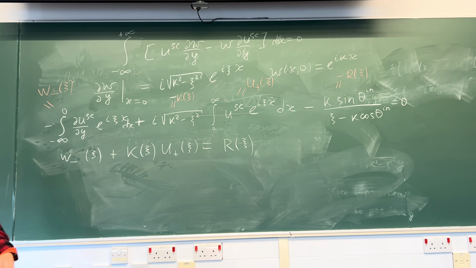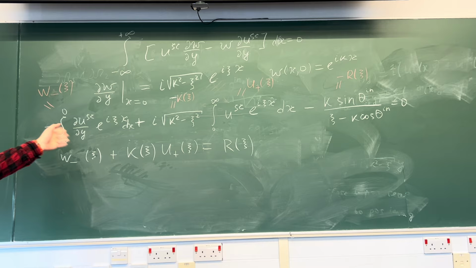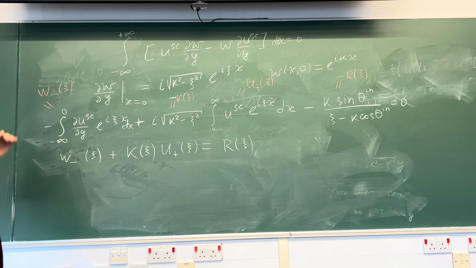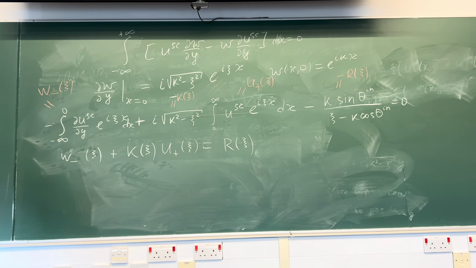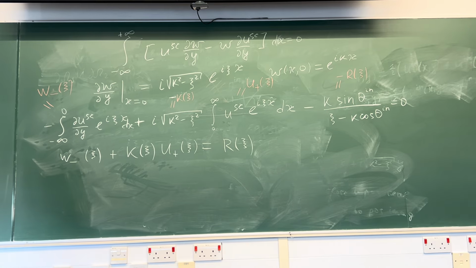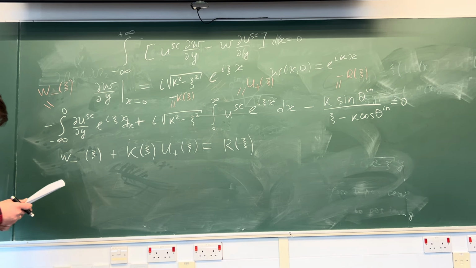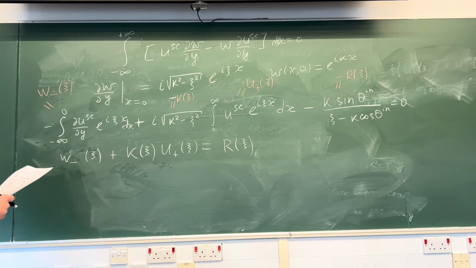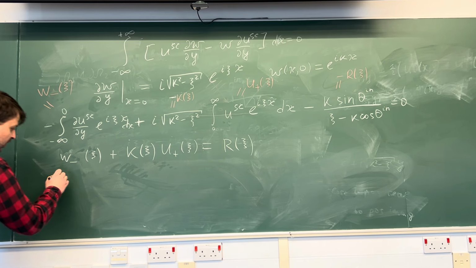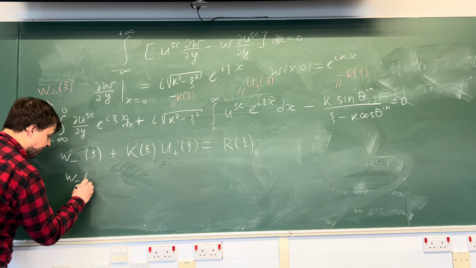But since these are one-sided Fourier transforms over a half line, we know some analyticity properties of these functions. I call them minus and plus not only because I integrate from minus infinity to 0 and from 0 to plus infinity, but also because I can say something about them. What can I say?